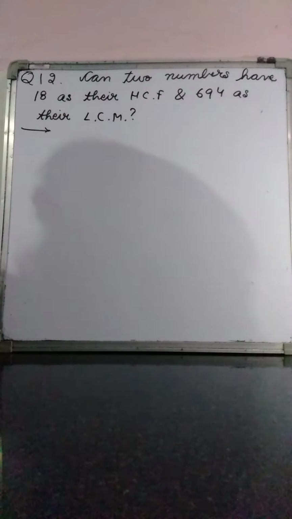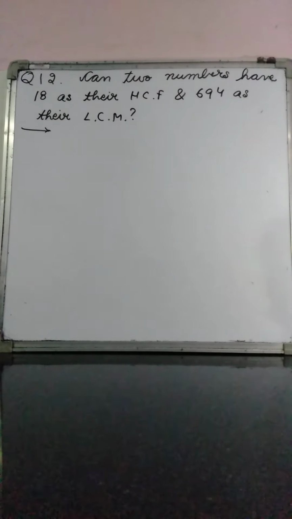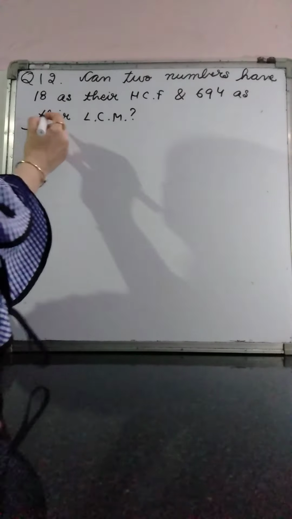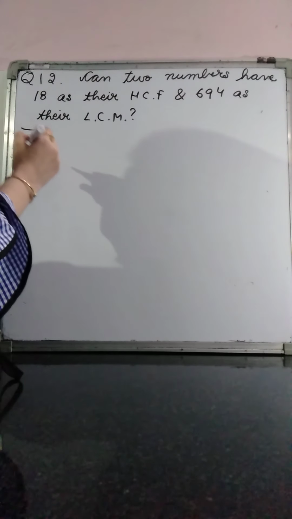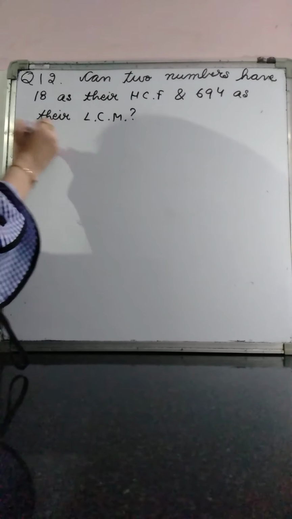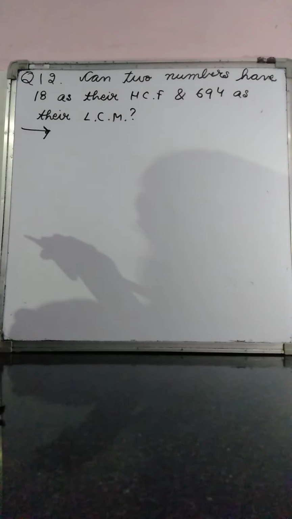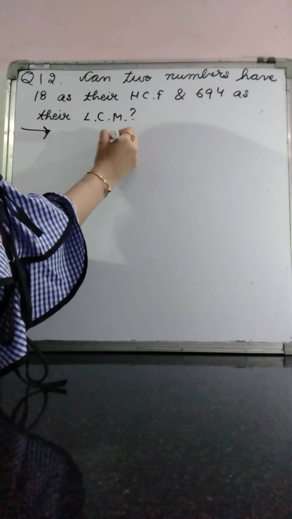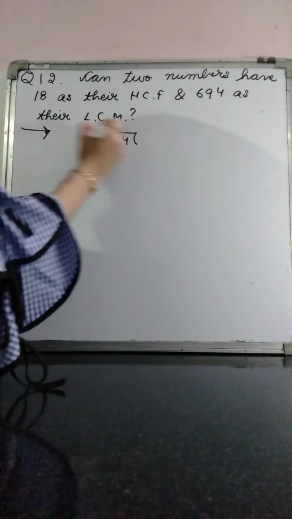Now the next question is, can two numbers have 18 as their HCF and 694 as their LCM? This is same question as question number 11. We will be now doing it with a different method. We know that LCM is always divisible by HCF. Now let's check out 694 divided by 18.